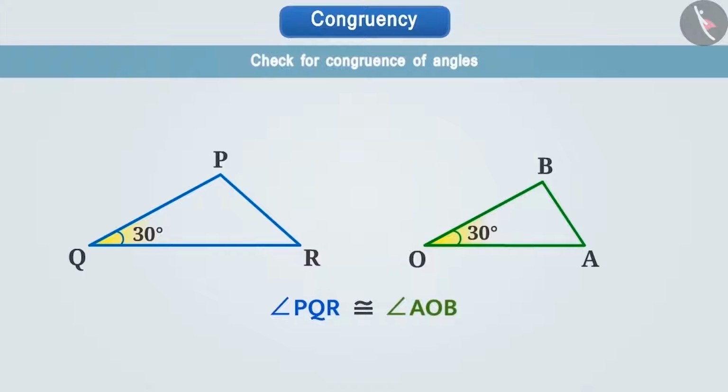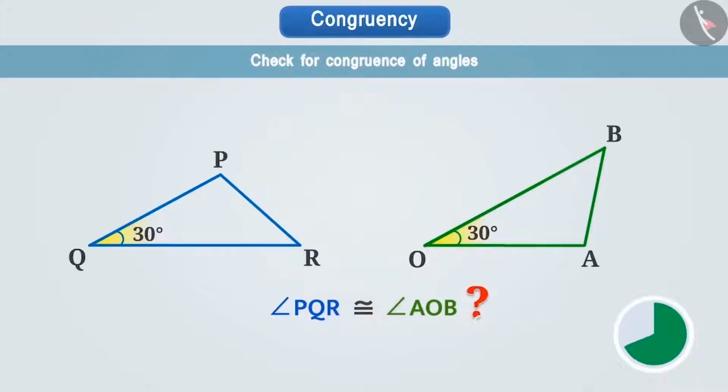Now suppose the length of OB was more than the length of QP. In such a situation, would angle PQR and angle AOB be congruent? Think. Keep in mind, it does not matter what the lengths of the sides of the angles are.